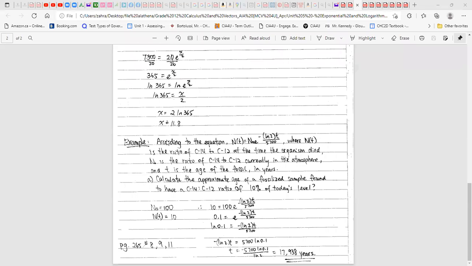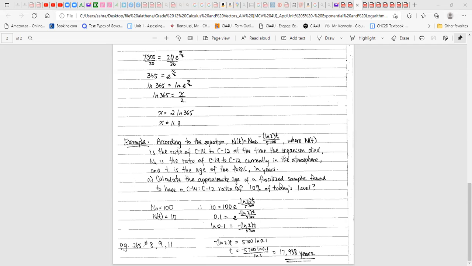So here is another example. According to the equation, N equals N0 e to the power of negative ln 2 t divided by 5,700, where N is the ratio of the carbon 14 to carbon 12 at the time the organism died, N0 is the ratio of the carbon 14 to 12 in the atmosphere, and t is the age of the fossil. So N0 is the initial ratio, and N is the ratio at time t.